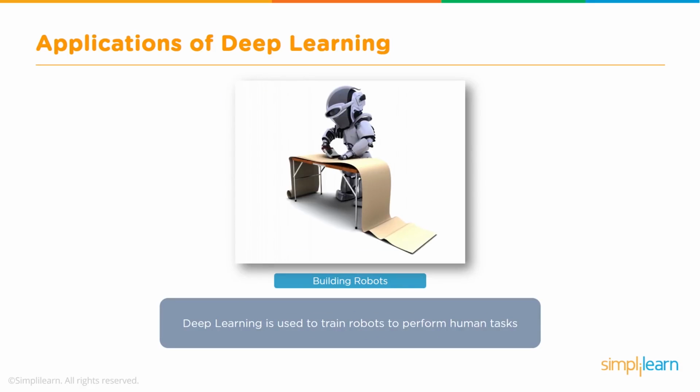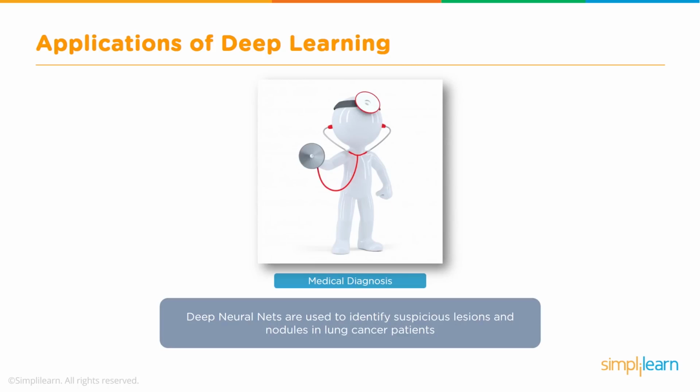And robots, we have seen several robots, including Sophia. You may be familiar with Sophia, who was given citizenship by Saudi Arabia. There are several such robots which are very human-like, and the underlying technology in many of these robots is deep learning. Medical diagnostics and healthcare is another major area where deep learning is being used.